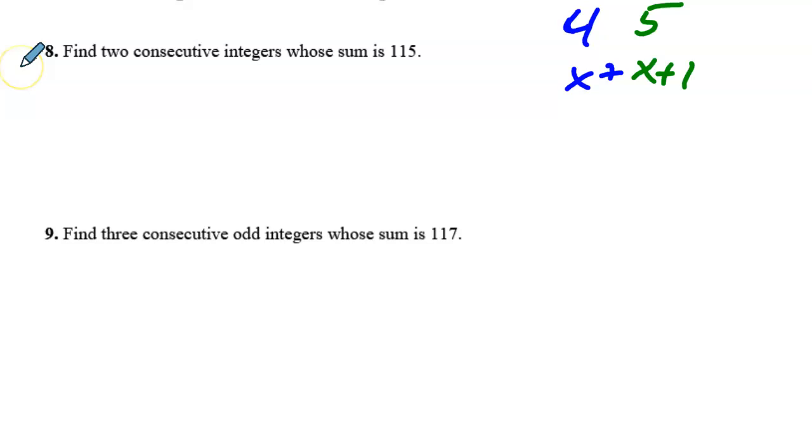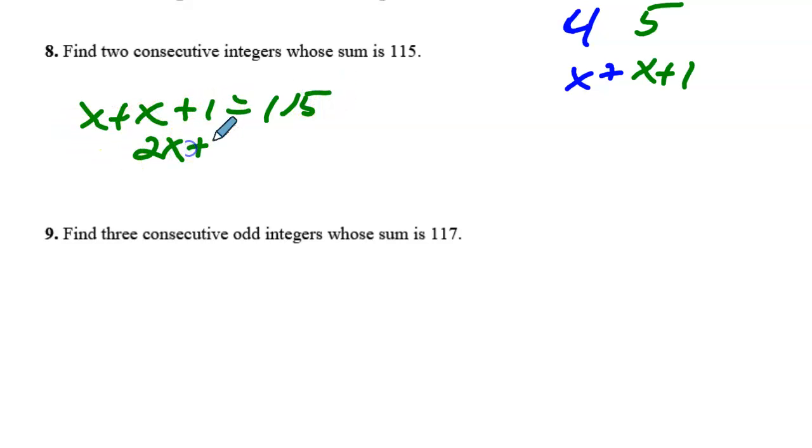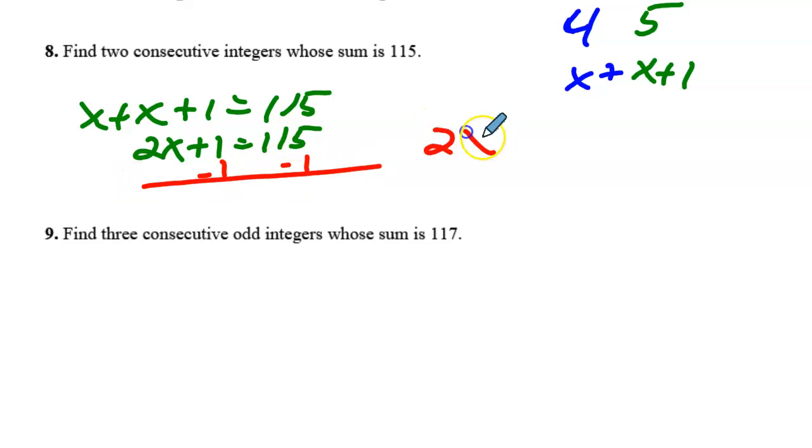So in our equation, we're just going to write x plus x plus 1 equals 115, which means we have 2 x's and 1, so we have 2x plus 1 equals 115. Then to solve this, we subtract 1. We get 2x equals 114.